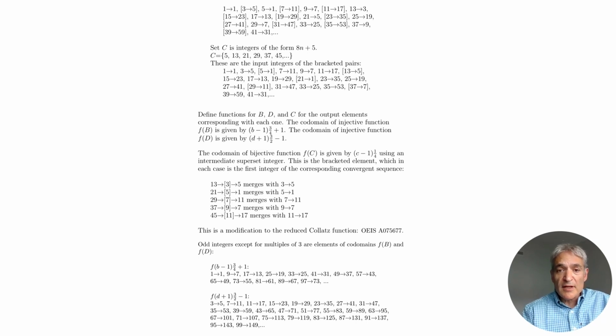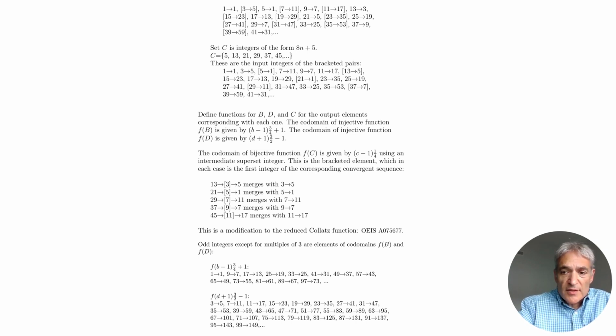The codomain of bijective function C is given by C minus 1 multiplied by 1/4 using an intermediate superset integer. This is the bracketed element in the following, which in each case is the first integer of a corresponding convergent sequence.